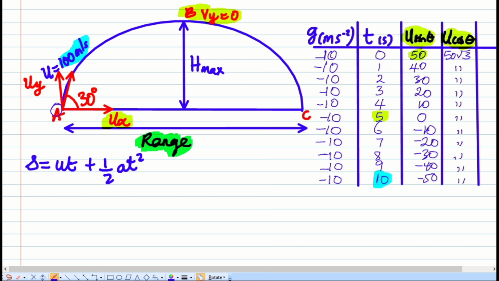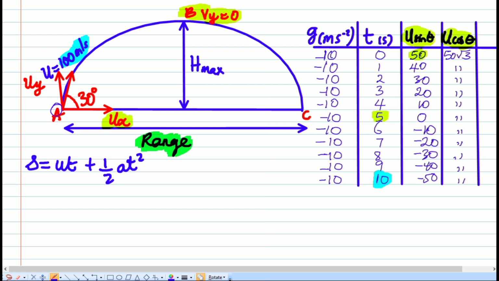But now remember, as soon as this ball was projected, it is not accelerating because there is no force that is accelerating it along the horizontal component. It is only being accelerated along the vertical component by acceleration due to gravity. So when we are considering the horizontal, because you see that the range is horizontal distance, it means that horizontally this ball is not accelerating.